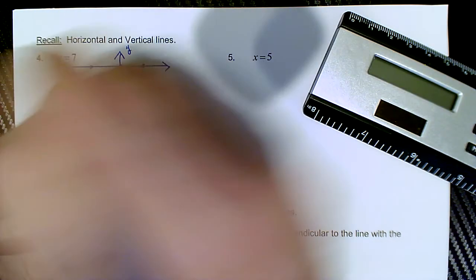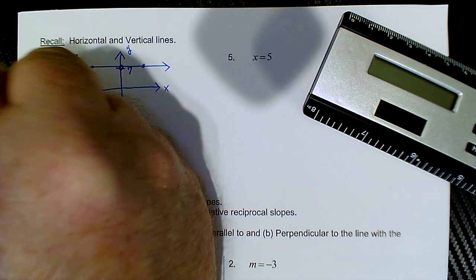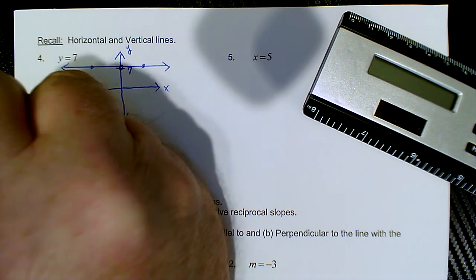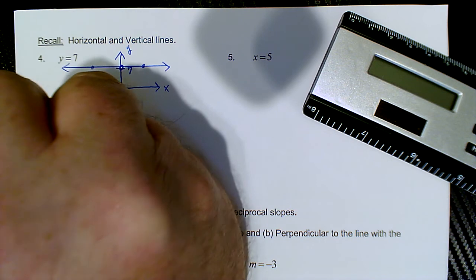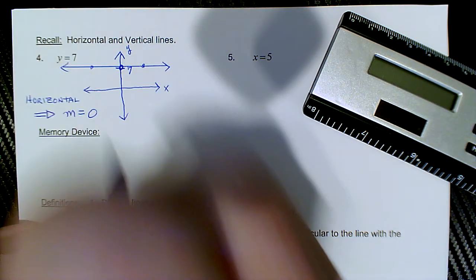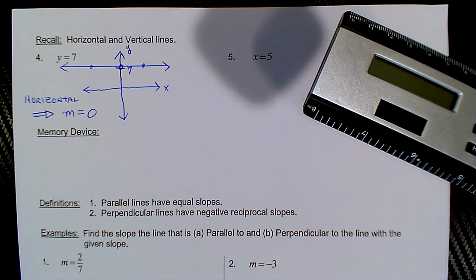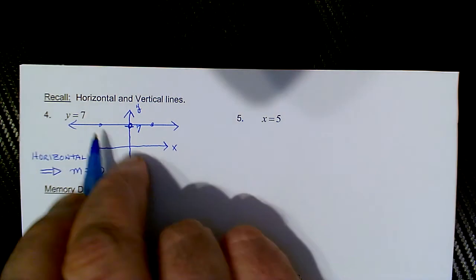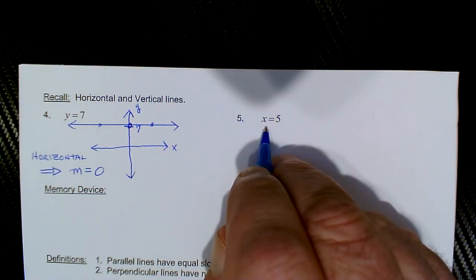Also, any point that is in a vertical line would have x equaling 5. See, I can't move to the left or to the right here. If I move to the left or to the right, then the value of x changes. So if x is always going to be 5, the only thing I could do is either move up or down, staying along that same vertical line.